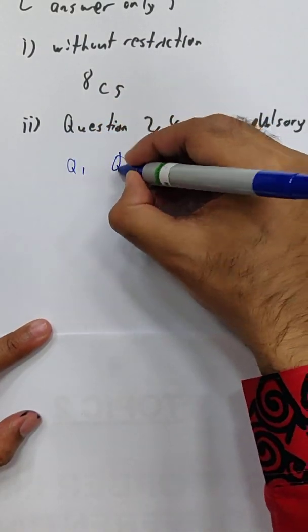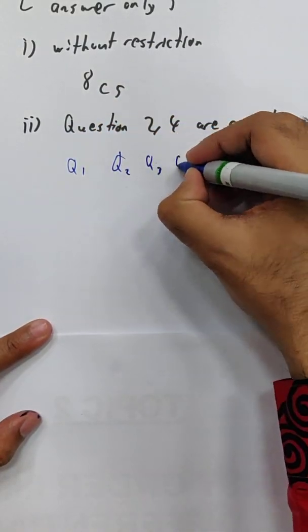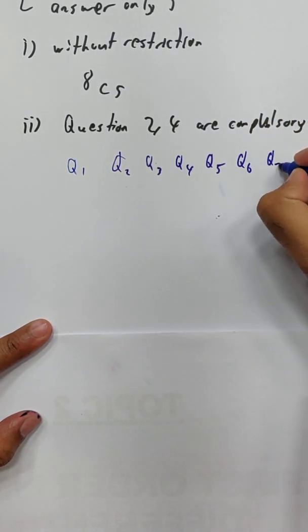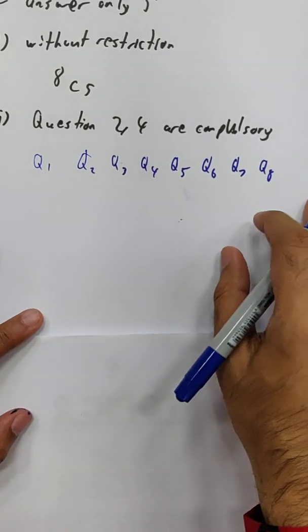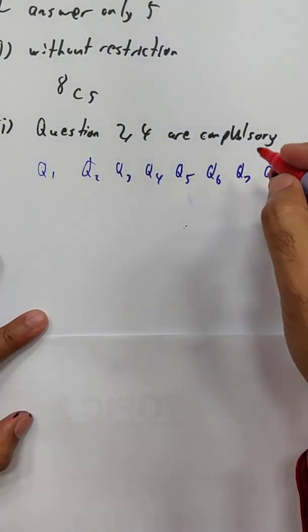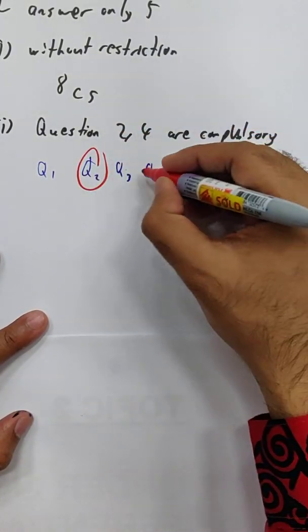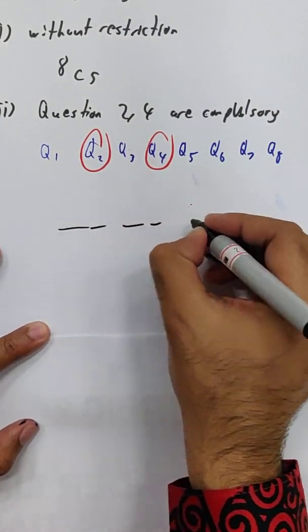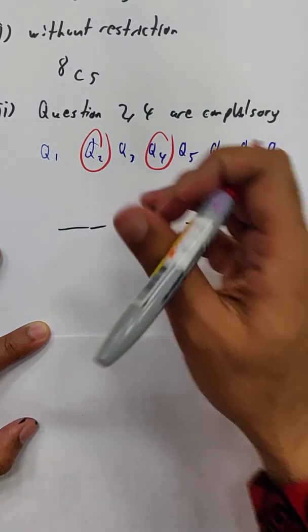Let's say question 1, question 2, question 3, question 4, question 5, question 6, question 7, question 8. And it says 2 and 4 are compulsory. How many questions do you need to answer? 1, 2, 3, 4, 5. So 2 and 4 has been chosen.